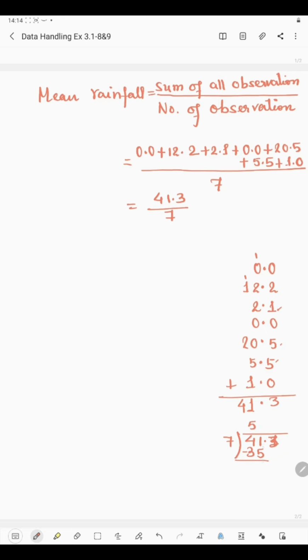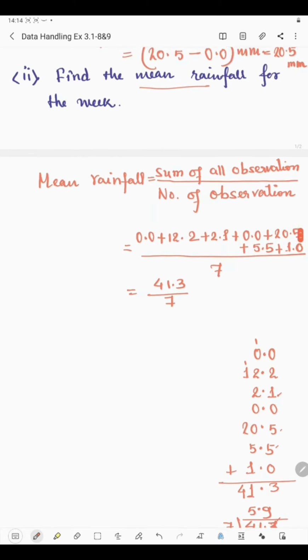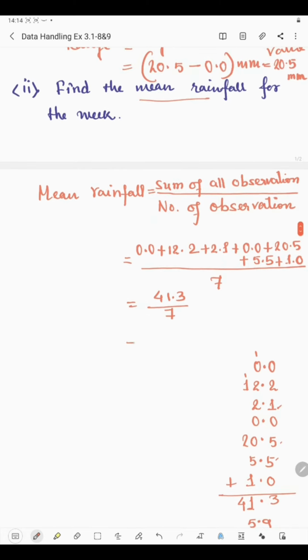Now 41 minus 35 is 6, then 3 will come down, 3 minus 3 is 0. Now the point will be shifted to the quotient and then 3 will come down. So 7 9s are 63. So what we have got, when you divide this, we get 5.9 mm. So 5.9 mm is the mean rainfall.